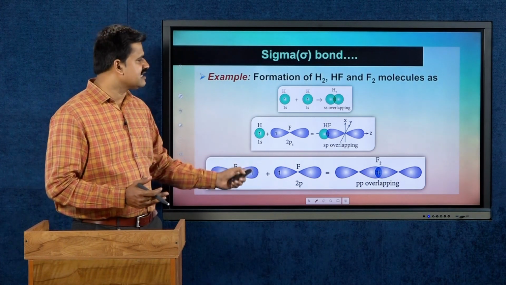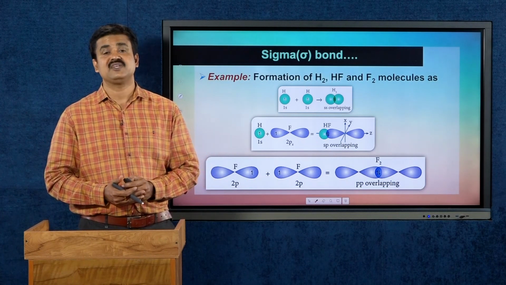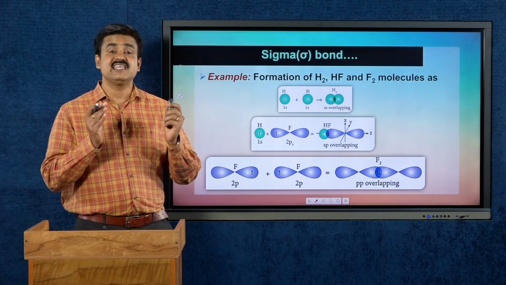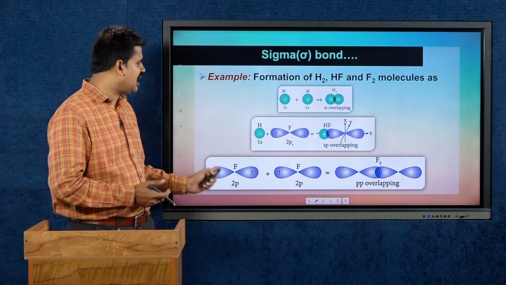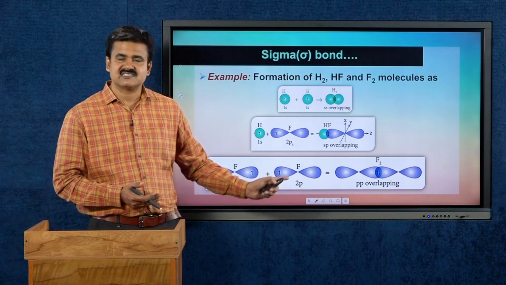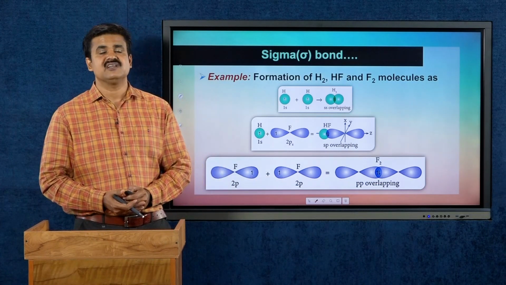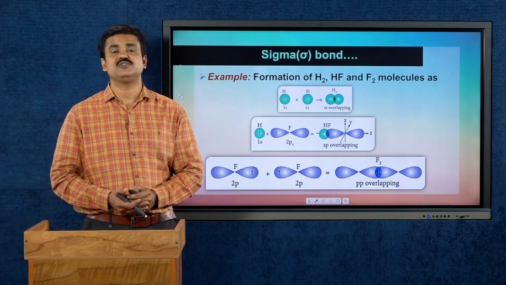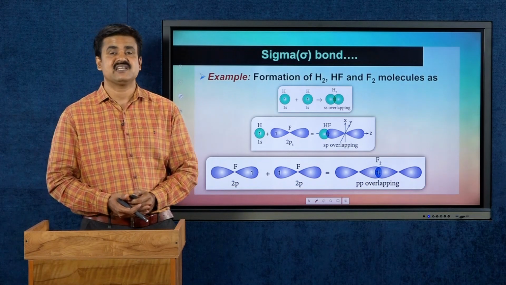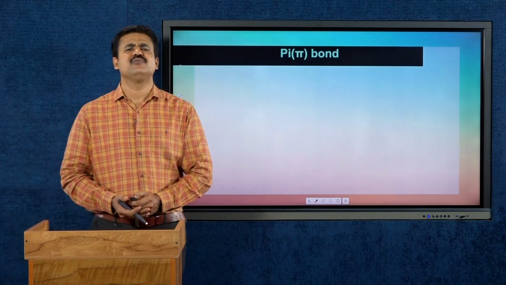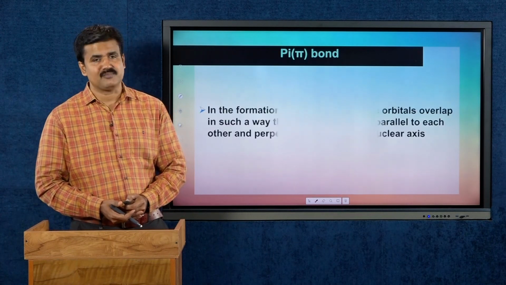Similarly, in the case of the F2 molecule, a sigma bond forms between two fluorine atoms by the end-to-end or head-on overlap between two half-filled 2p orbitals, as shown here. So, we can conclude that a sigma bond is formed by the end-to-end or head-on overlapping of participating atomic orbitals. Now we are focusing on the second type of bond, the pi bond.